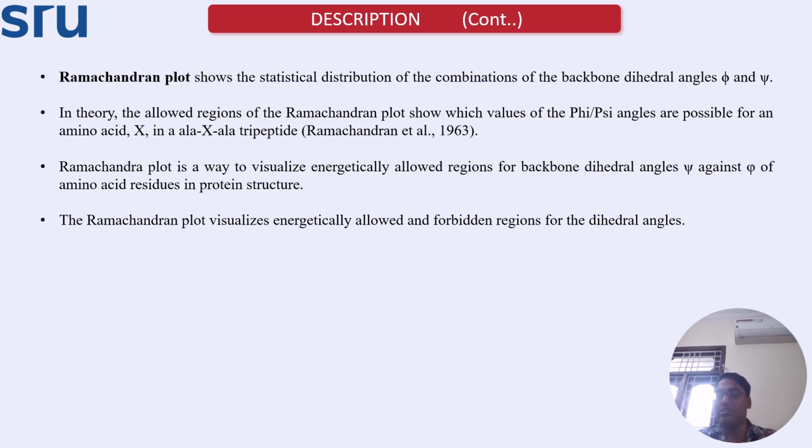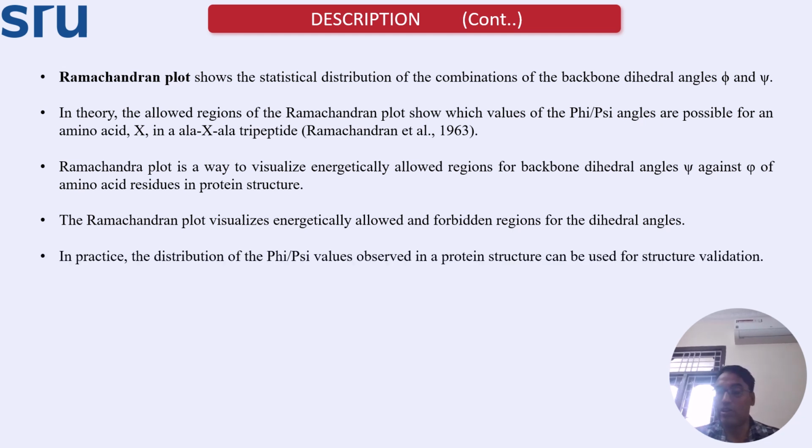So there will be some regions which are allowed, some regions which are not allowed. If you look at the current maps of the Ramachandran plot, some regions are allowed, some regions are generously allowed, where we relax some restrictions, and then the forbidden part. This can be used for structure validation.